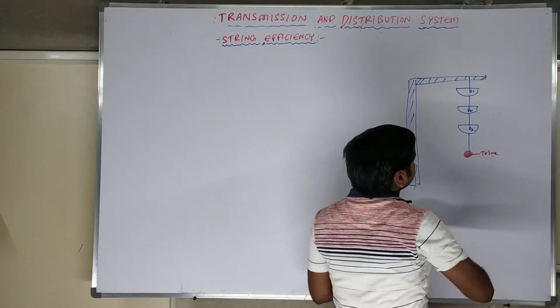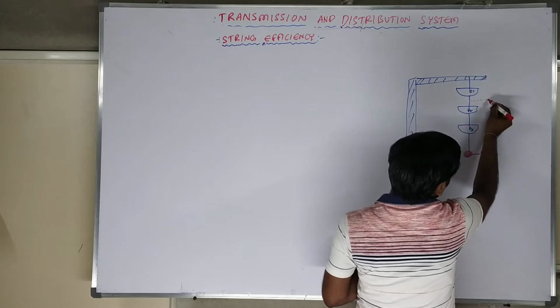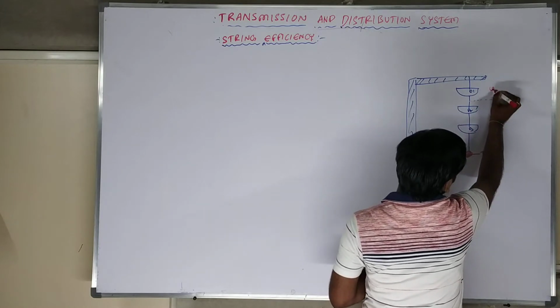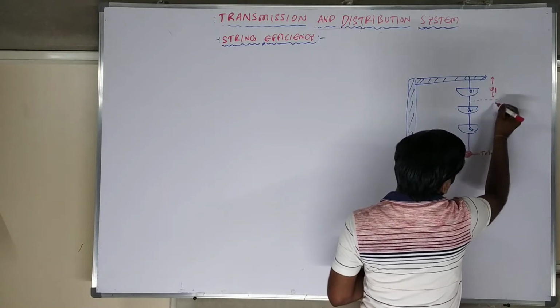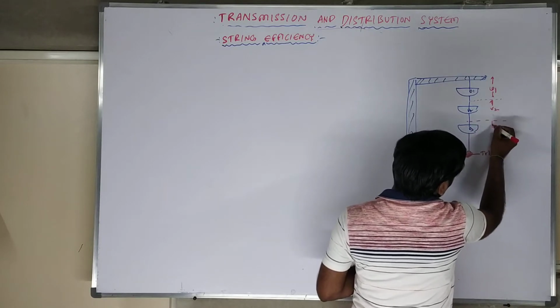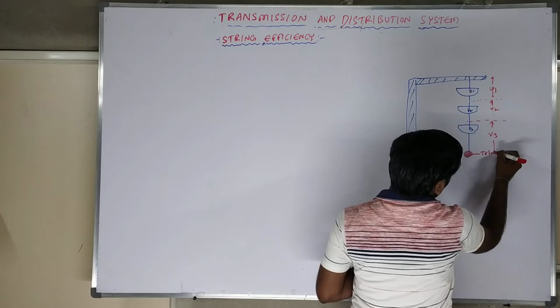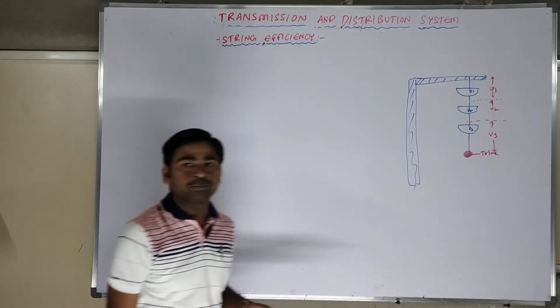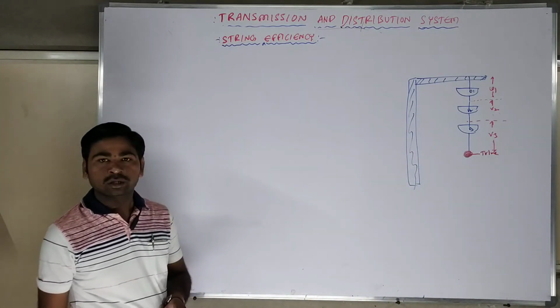Assume the voltage between the cross arm and disc 1 is V1. The voltage between disc 1 and disc 2 is V2, and the voltage between disc 2 and disc 3 is V3. I hope you are understanding.